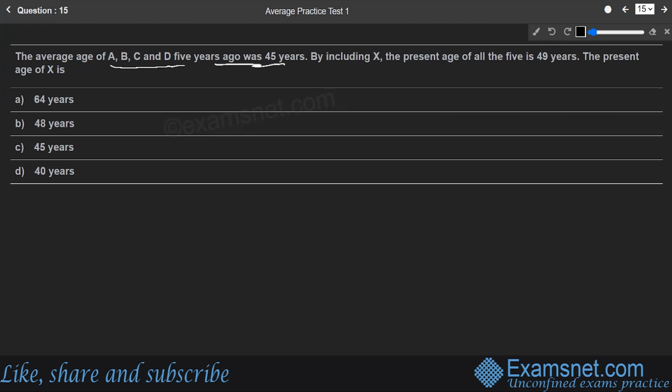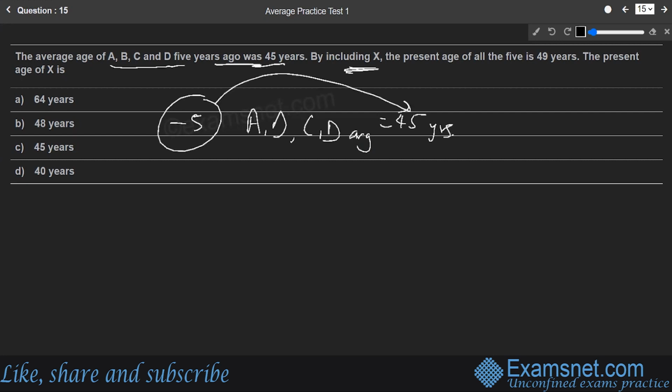He says 5 years ago, A, B, C, and D's average was 45 years. Okay. Then he says after that, by including X. So we'll start doing it like this. Had X not been included, then what should have been their average in the present time? See, 5 years ago, the average was 45.